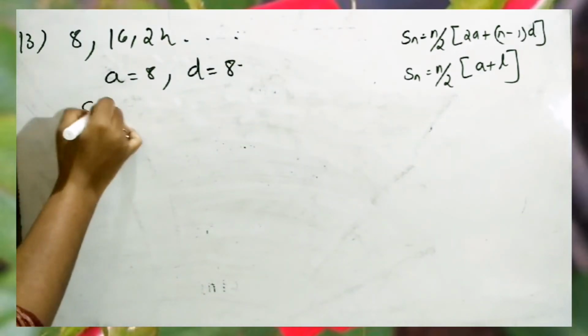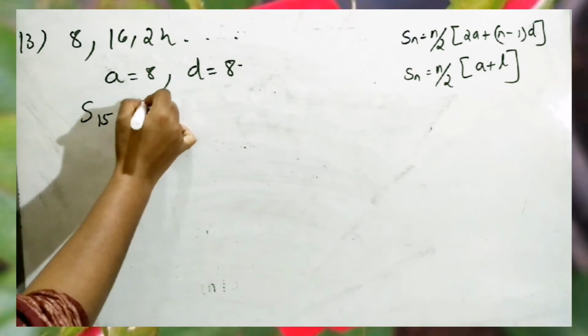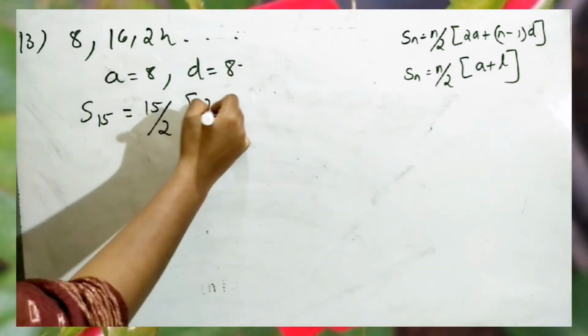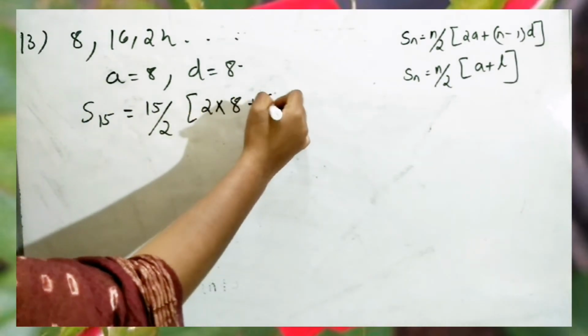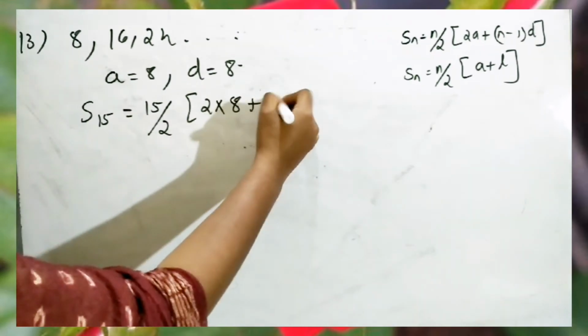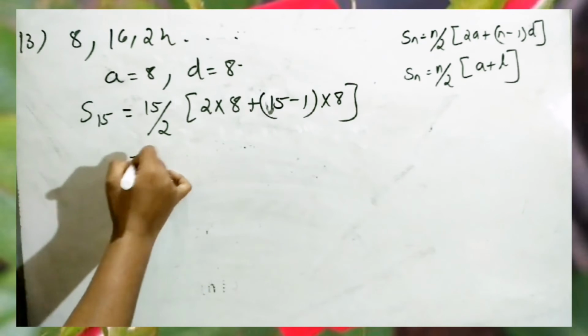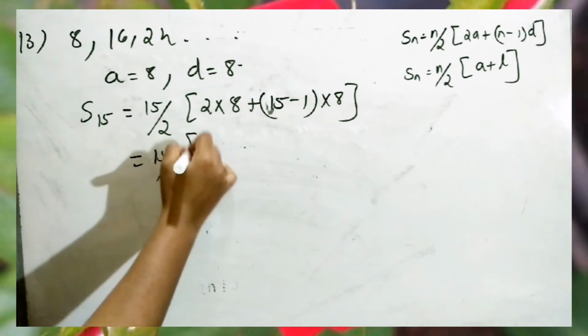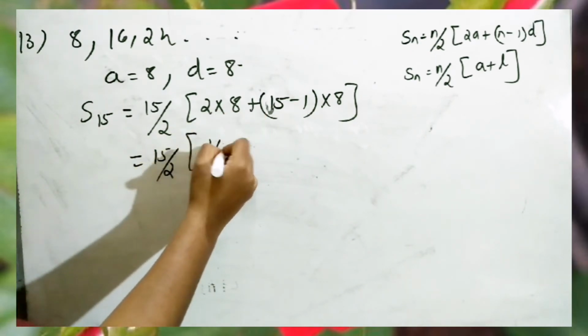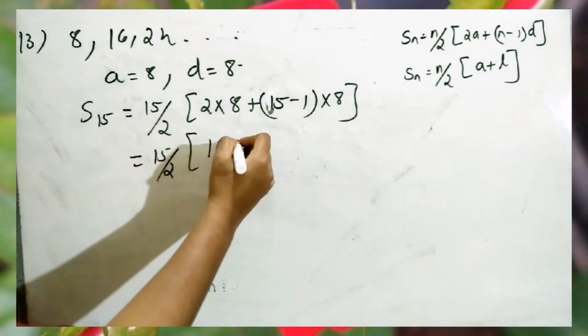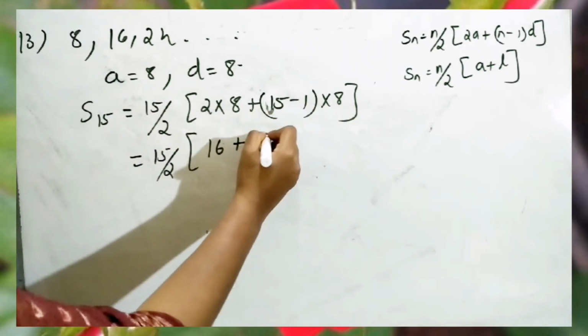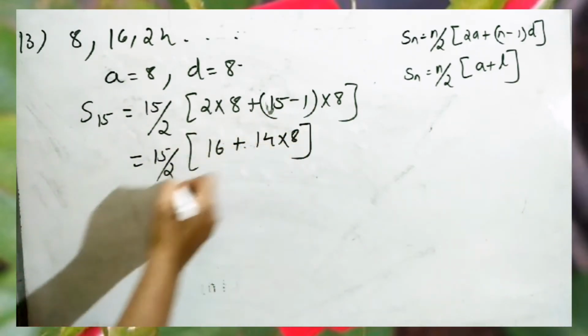Then S15 is equal to 15 by 2 into 2 into 8 plus (15 minus 1) into D, which is 8. That is equal to 15 by 2 into 8 into 2 is 16 plus 14 into 8.